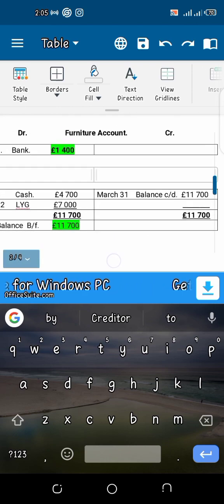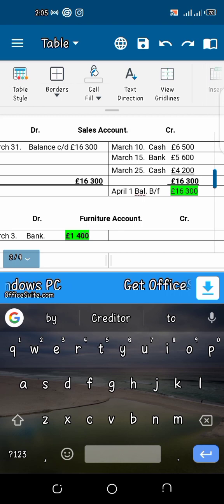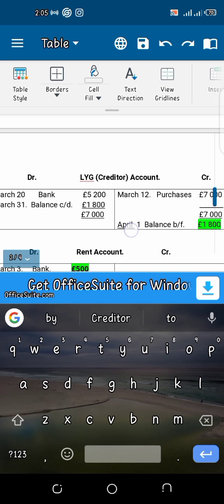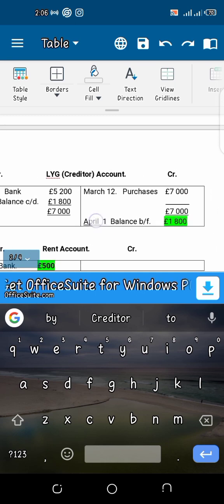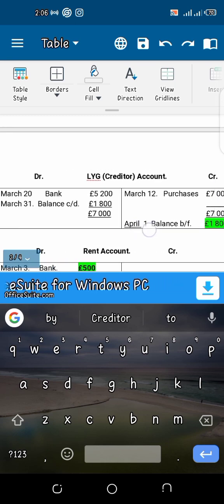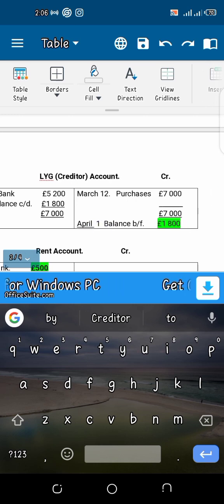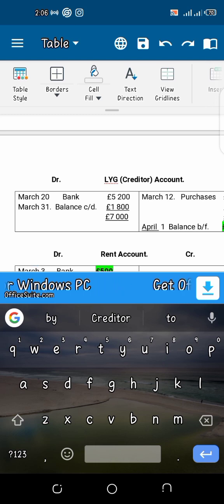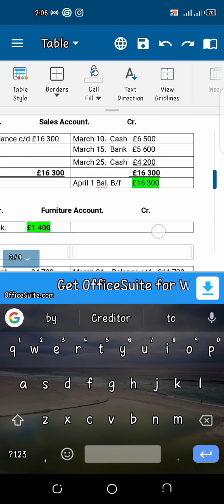The next one is the LYG account. Goods were purchased from this company, goods worth 7,000 as shown in this LYG account. March 12, purchases 7,000. Now on March 20th, remember that this business paid LYG 5,200 as shown in the credit side of the cash book.